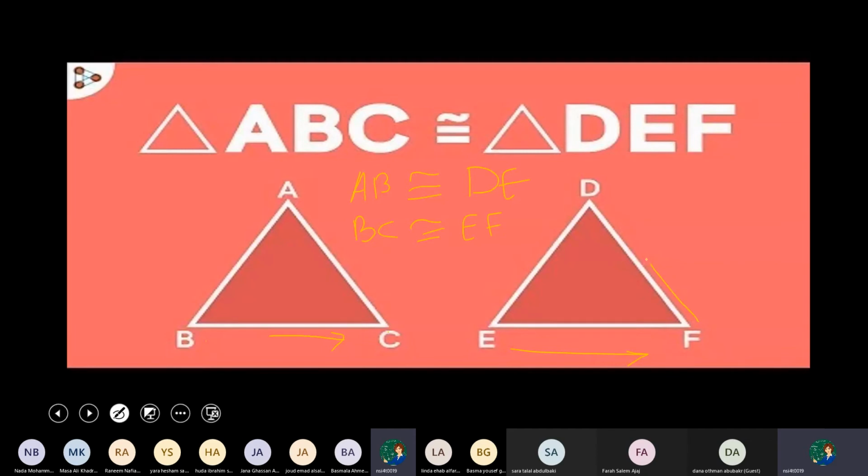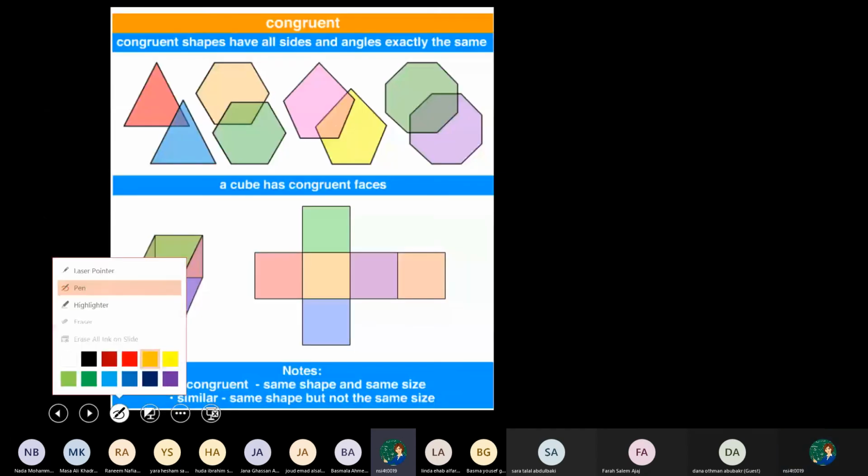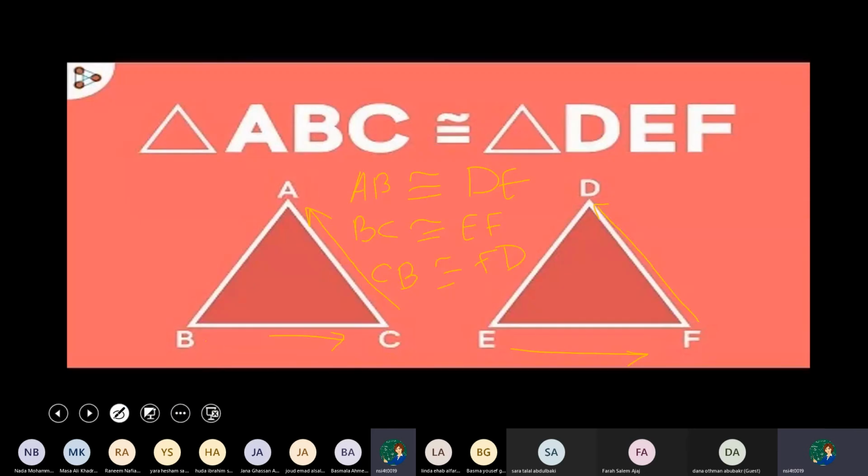Then CA corresponds with FD, and also the angles here.